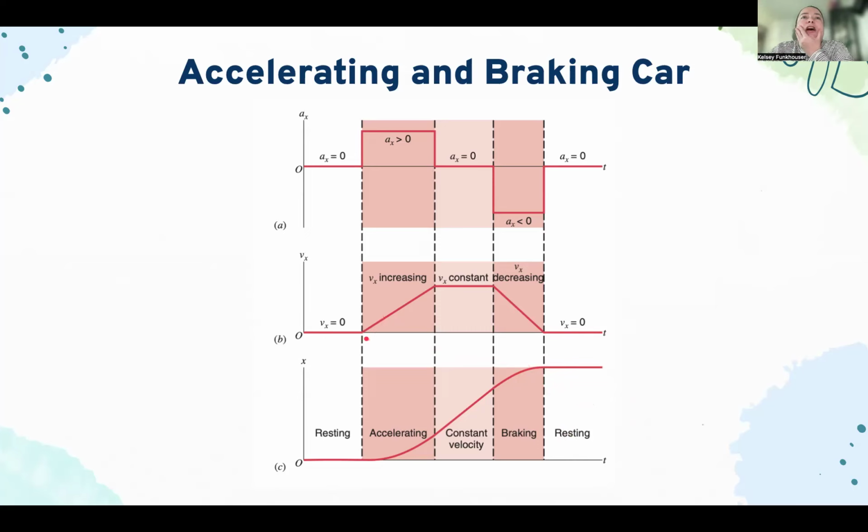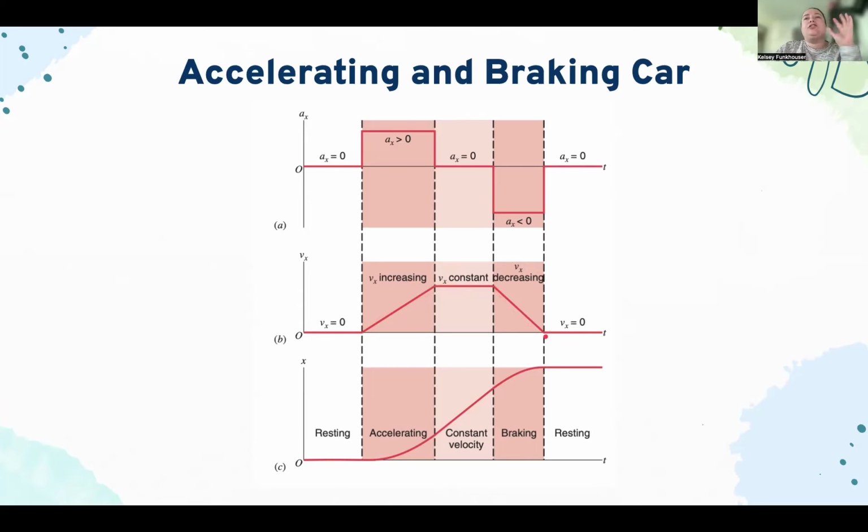Another thing I wanted to point out is you can tell from looking at these parts of the graph which part of the slope is larger. Thinking not of whether one's positive or negative, but just the magnitude, you can see that this takes longer to get from zero to this constant value.